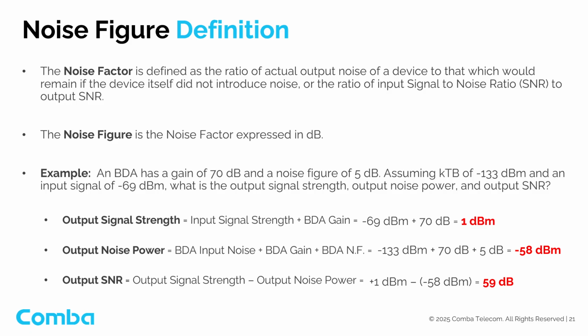When talking about thermal noise of a public safety radio system, it is common to refer to the thermal noise floor as KTB, and this value is going to be negative 133 dBm for a 12.5 kHz bandwidth radio channel. However, it is important to understand that thermal noise and BDA input noise are not the same thing.